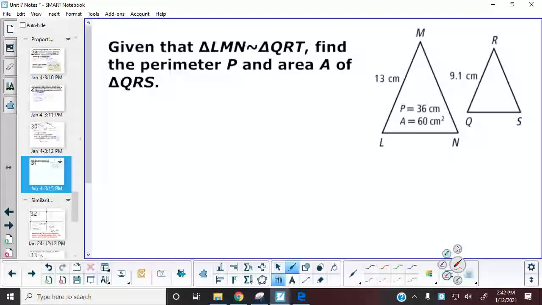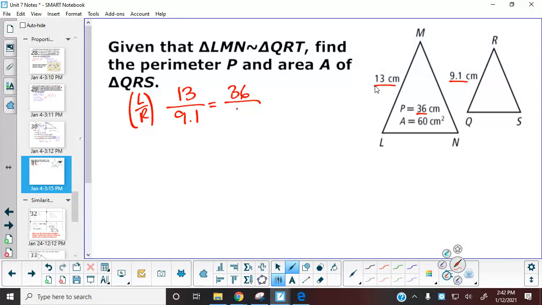So when we look at this, given that you have 2 similar triangles, find the perimeter P and the area A of the smaller triangle on the right-hand side. First off, you're going to use this to get started. So you have 13 over 9.1, the left triangle over the right triangle. I'm just going to put here in parentheses, left over right, so we can keep track. We know the perimeter of the left triangle.